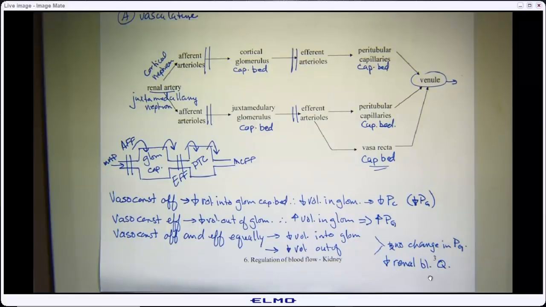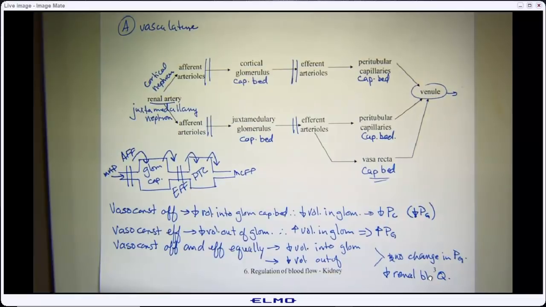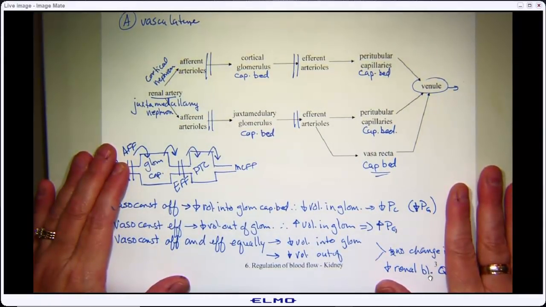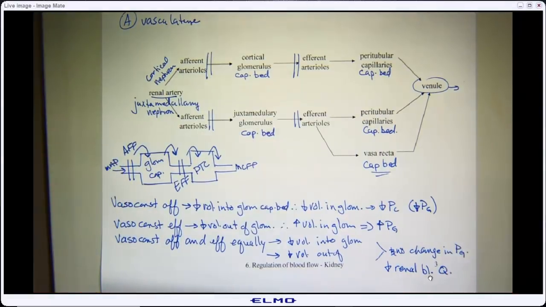Sometimes we control them together, but sometimes we control them separately in order to be able to change pressure in the glomerulus, in order to be able to change fluid flux at the level of the kidney. Okay? So that's really where this piece fits in terms of our big volume regulation control, especially when it comes to then thinking about mean arterial pressure. Okay, so that's where we were at the end of lecture on Tuesday.